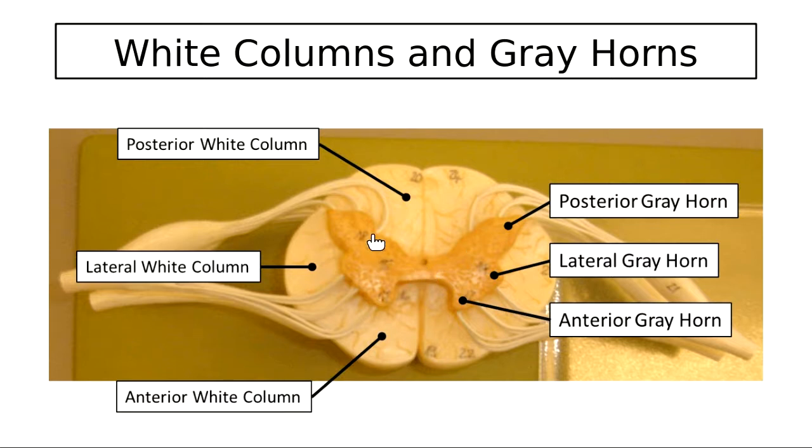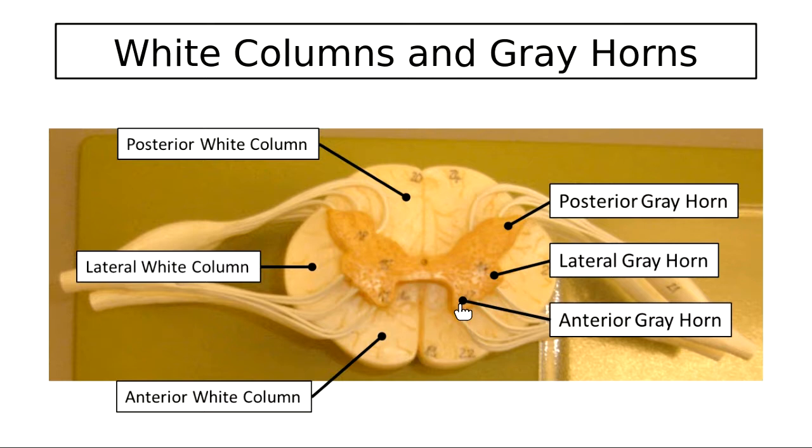Well, in the spinal cord, it looks like a little butterfly, and these little tips of the wings are called horns. So it has horns, gray matter in the spinal cord, and there are several. The posterior gray horn, so this projection here is the posterior gray horn. The one out to the side is the lateral gray horn, and the one in the front is called the anterior gray horn.